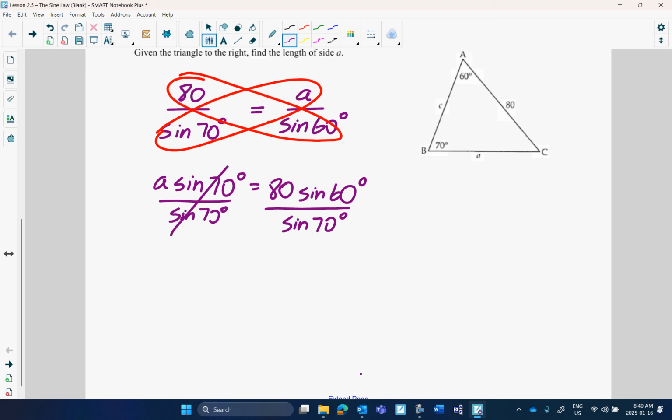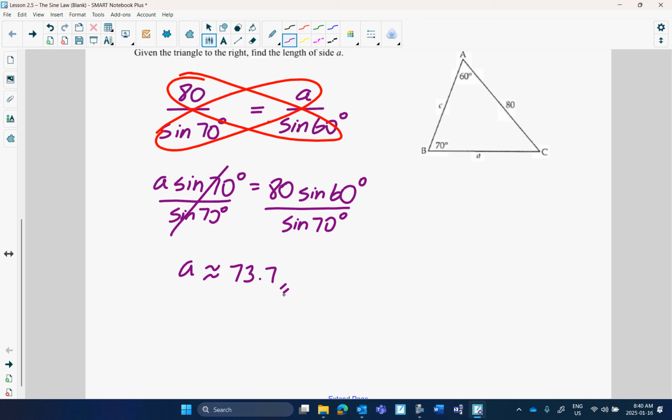So 80 times sine 60 gives me 69 point something, something, something. Divide that by sine 70. And let's just go one decimal place. a is approximately 73.7.